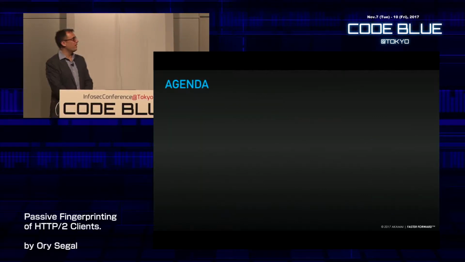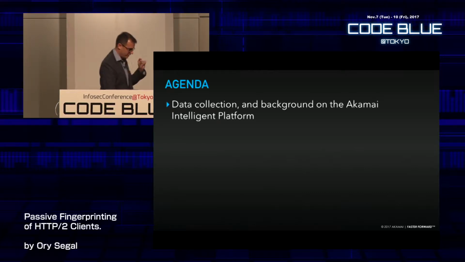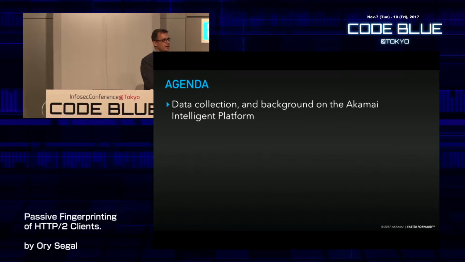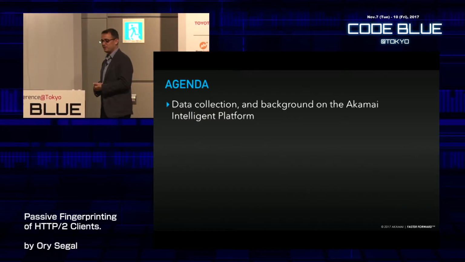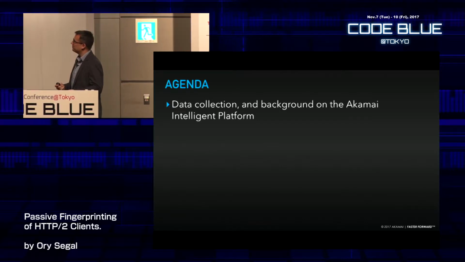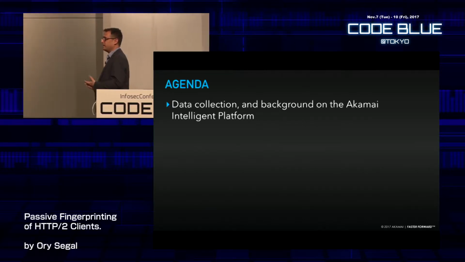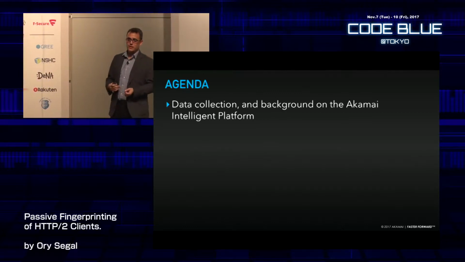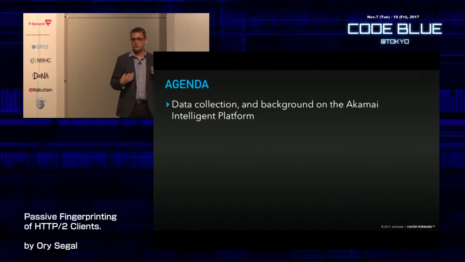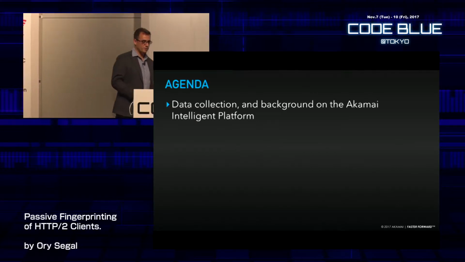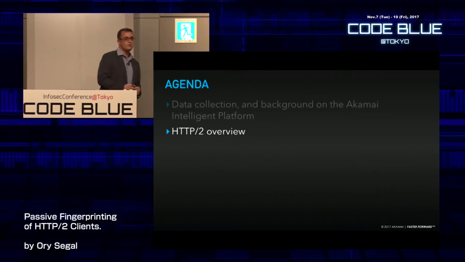So what are we going to cover today? First, a few words about Akamai, actually one slide. I'm not trying to push or sell or pitch anything. I don't think it's even relevant. I just want to show you what kind of data Akamai has access to, which makes this research more accurate and more appealing for the reader. Then we'll do an overview of HTTP/2.